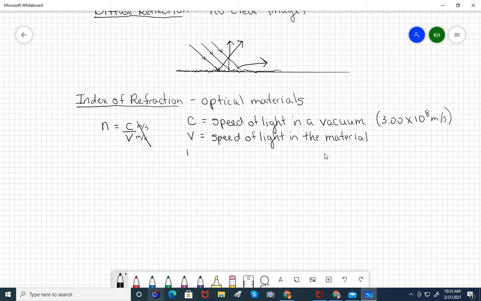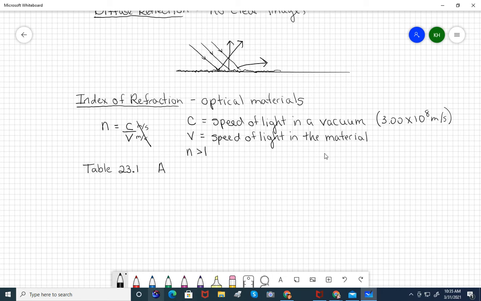N will always be greater than 1 because the speed of light will always be the fastest speed. Nothing travels faster than the speed of light. In your textbook, if you look at table 23.1, there'll be a list of indexes of refraction, but here are just a few to think about.